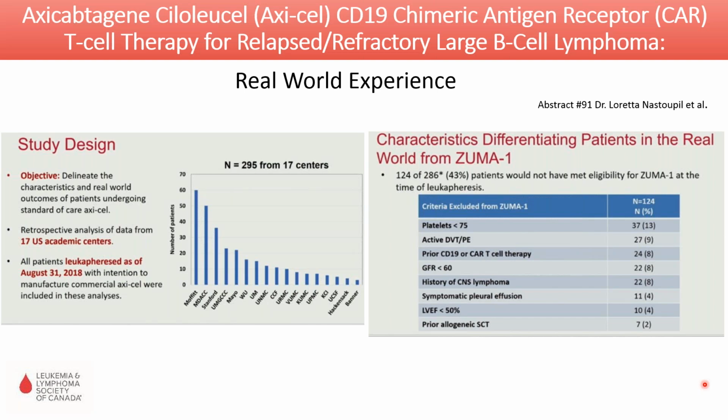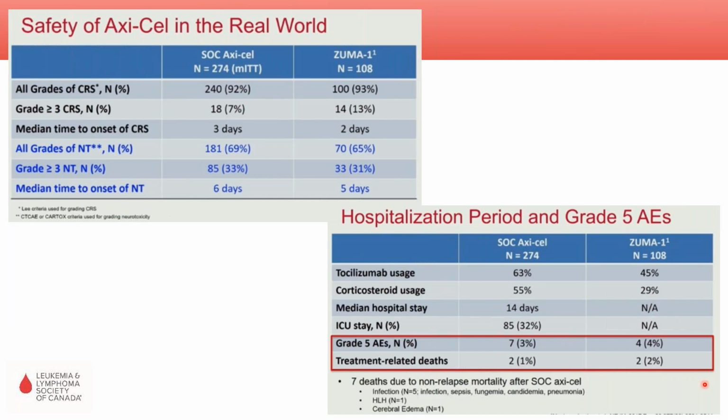So they looked at patients who received this therapy outside of a clinical trial, what they called the real-world experience, and they were able to get data from over 300 patients. And 43% of them actually would not have made it into a clinical trial. So these are higher risk patients for sure.